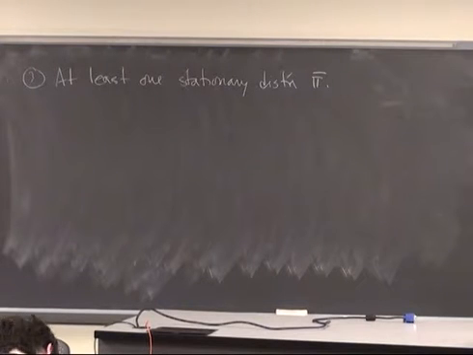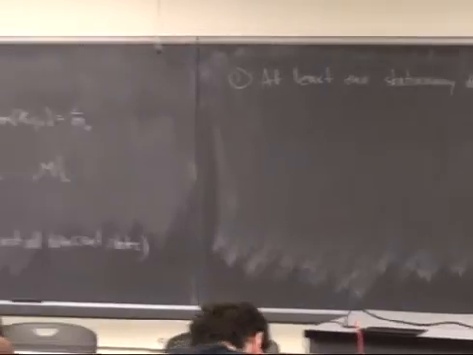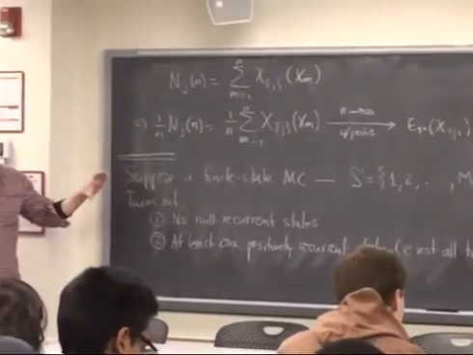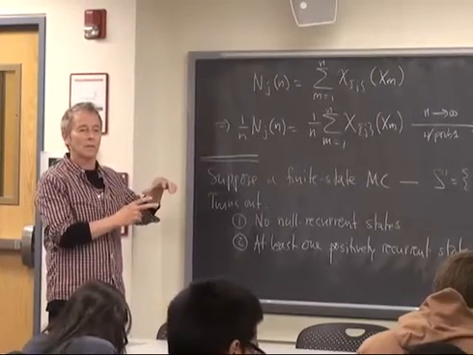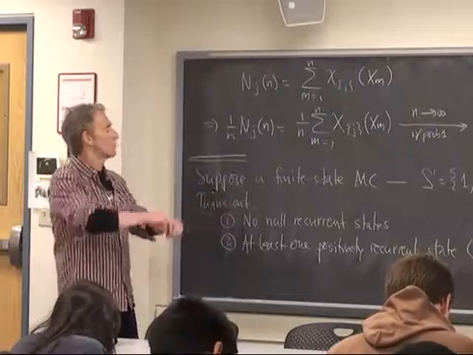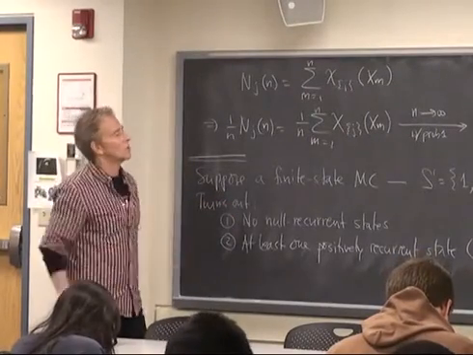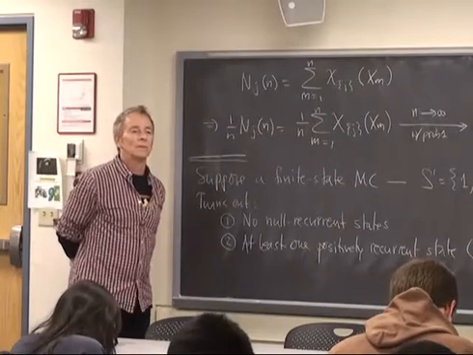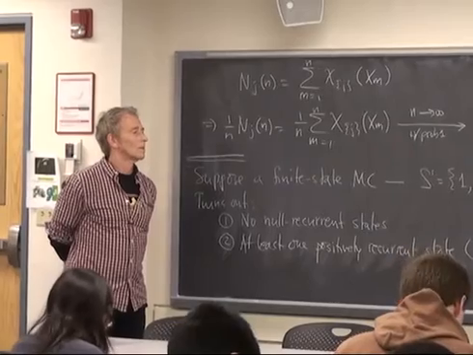Well, last time one of our results was that when you have a Markov chain, associated with every positively recurrent class is a stationary distribution concentrated on that recurrence class. And since you have at least one positively recurrent state here, you have at least one recurrence class, positively recurrent states, therefore at least one stationary distribution. You can have more than one, but you have at least one. Okay?